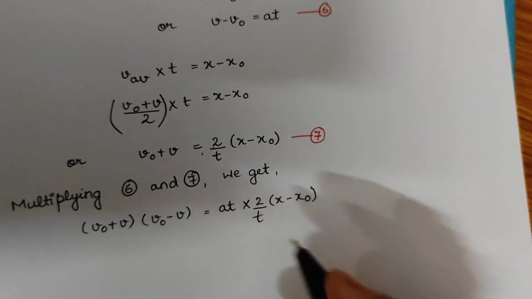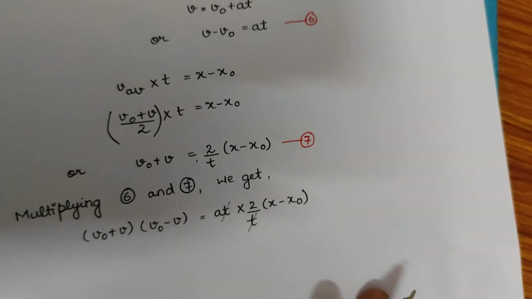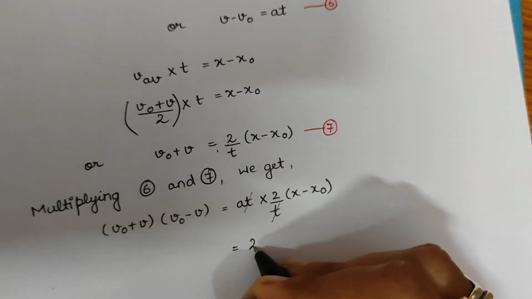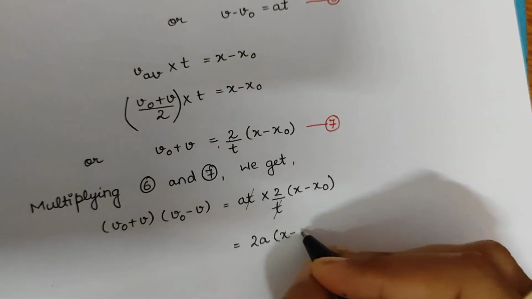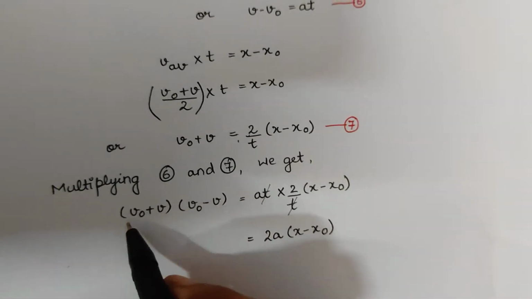From here, the t in the numerator and t in the denominator will get cancelled, and we are left with 2a x minus x naught on the right hand side of this equation.